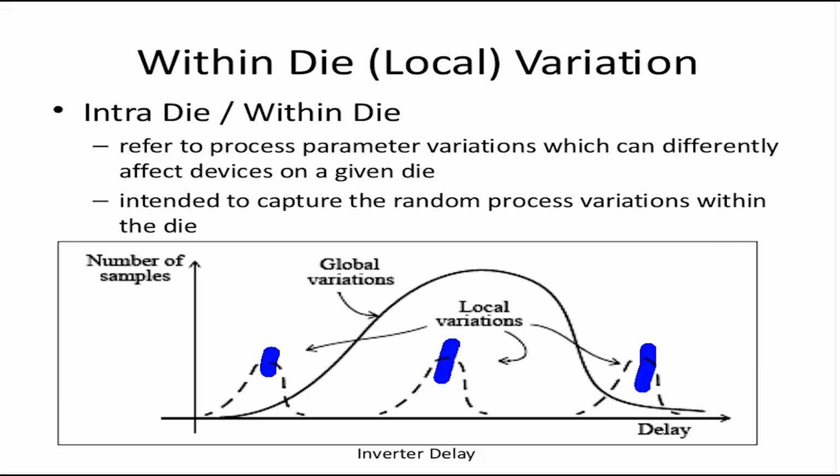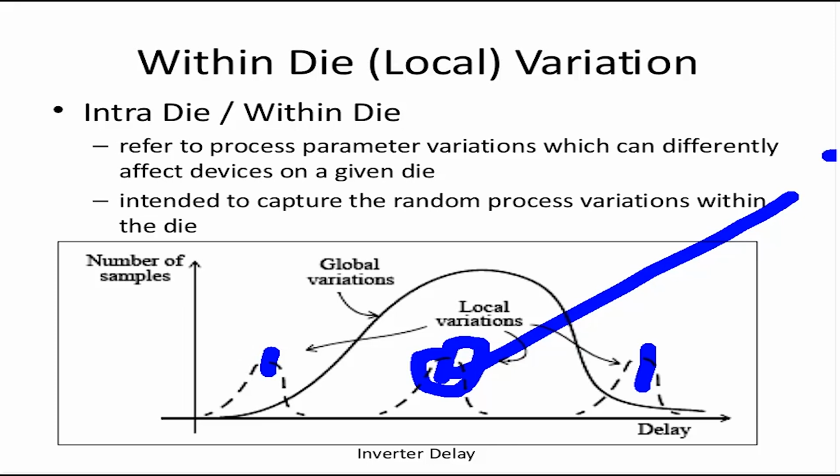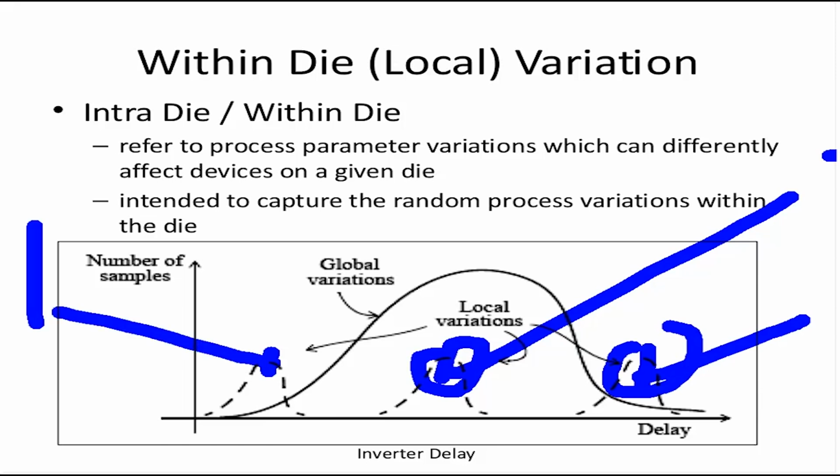So typically this die will be a typical die, this die will be a slow corner, and this will be a fast corner, because we are plotting inverter delay with respect to the number of samples. A typical would lie somewhere in the middle, slow will lie somewhere around plus 3 sigma, and fast somewhere around minus 3 sigma.